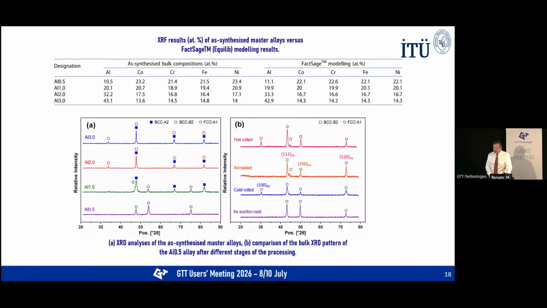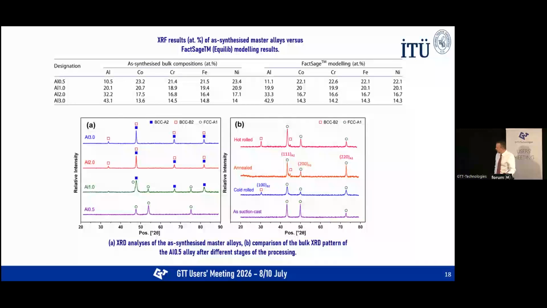Again, XRF measurements are on the top, and you see the difference between the as-obtained bulk compositions, experimentally, and on the right the FactSage predictions. They are very close to the values predicted by FactSage. XRD patterns also follow the expected trend.